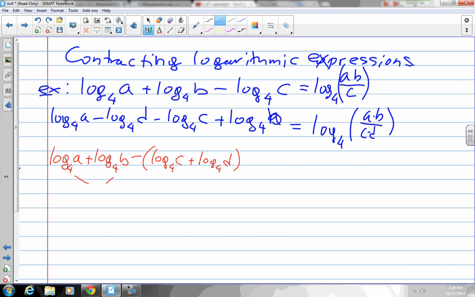So these two become a product, log base 4 of AB, minus these two become a product, log base 4 of CD. And then the minus puts the CD in the denominator. And then by the quotient rule, you end up with log base 4 of AB over CD.